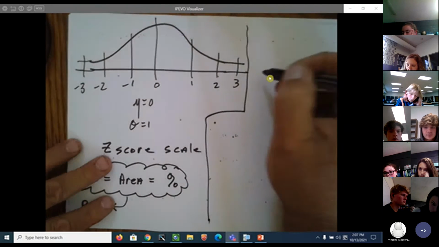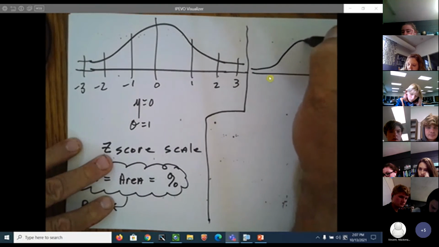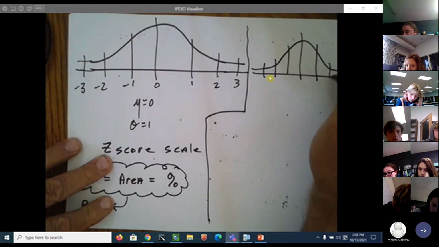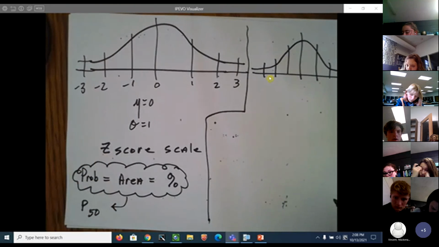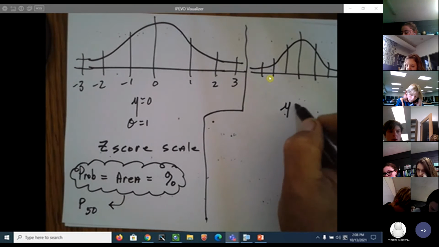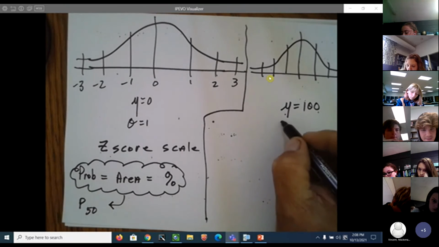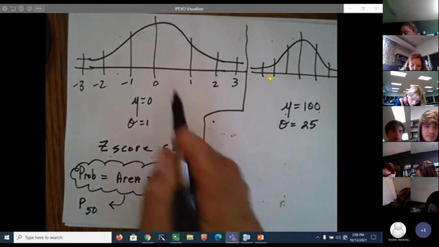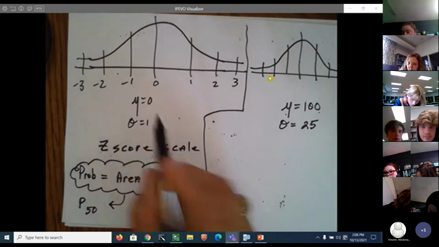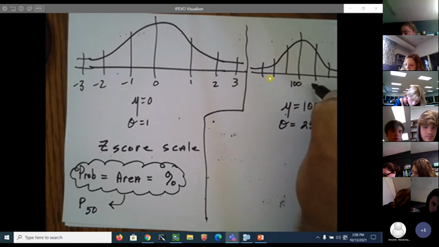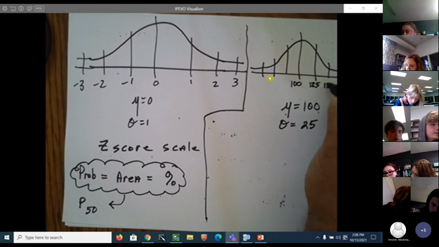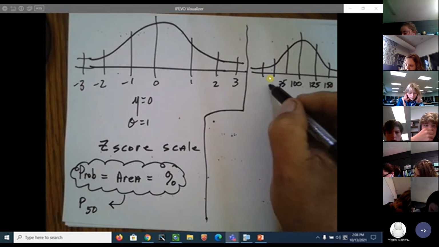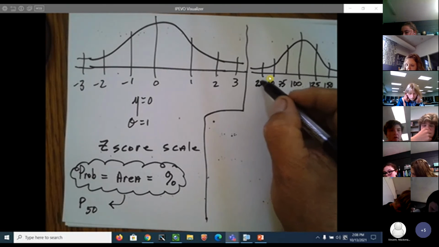And the second type is a normal distribution, again with the standard deviations, but this time mu is equal to 100 and the standard deviation is equal to 25. And therefore, instead of 0, 1, 2, and 3, you have 100, 125, 150, 175, 75, 50, and 25.